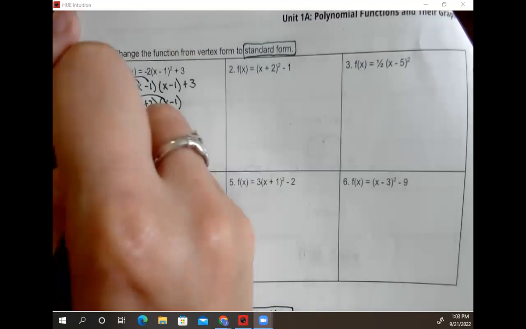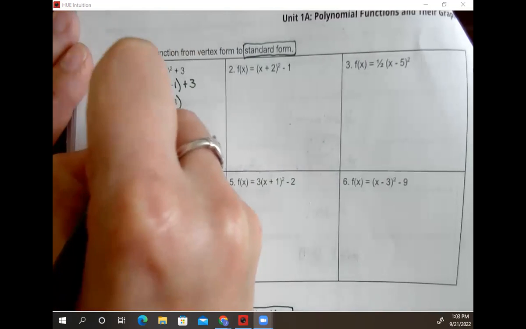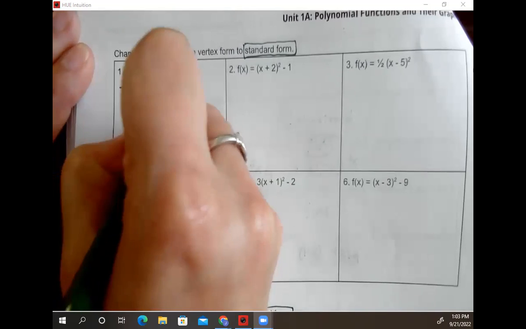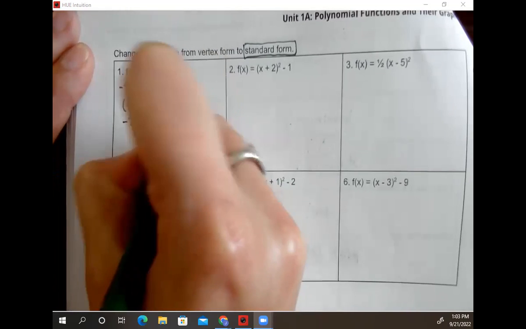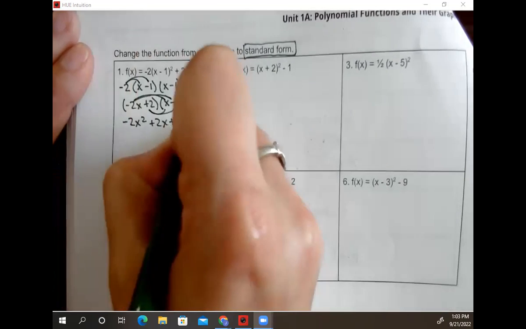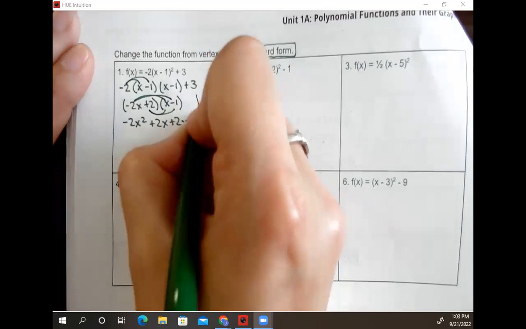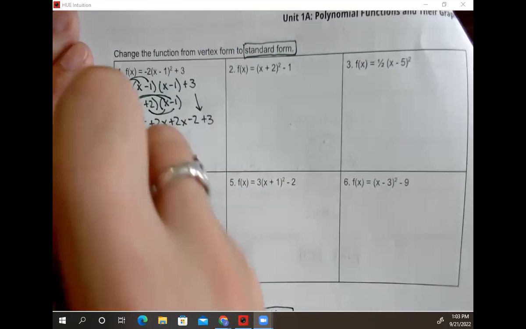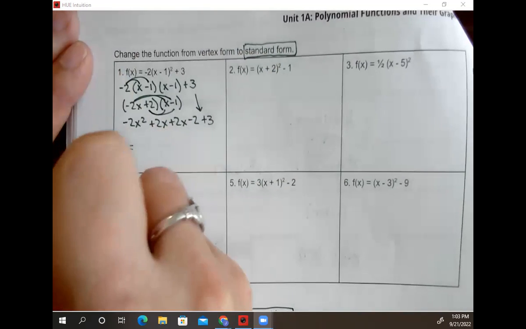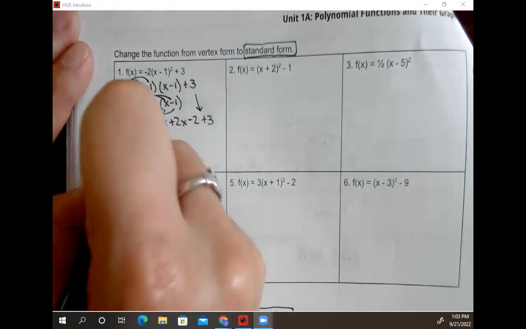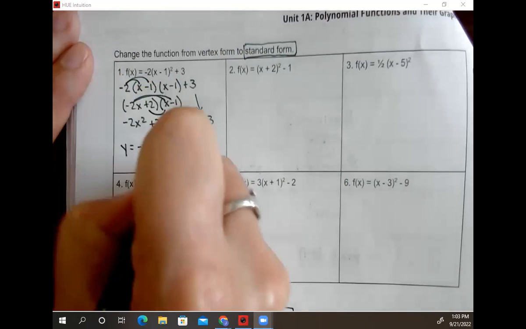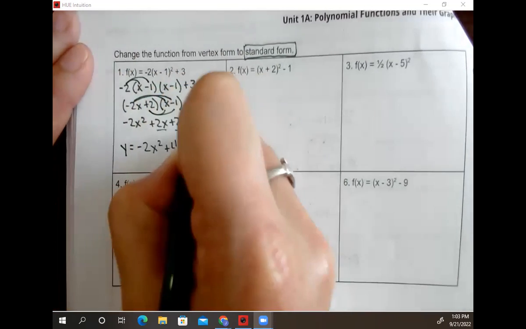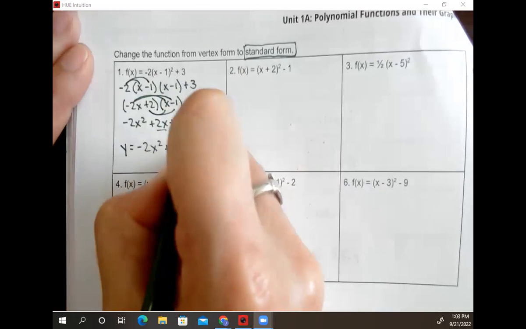Distribute again. So this would be -2x squared plus 2x plus 2x minus 2. Don't forget to bring down your plus 3 from the end. And now we combine like terms. This is my only x squared term, so -2x squared plus 2x plus 2x would be plus 4x. Minus 2 plus 3 would be plus 1.